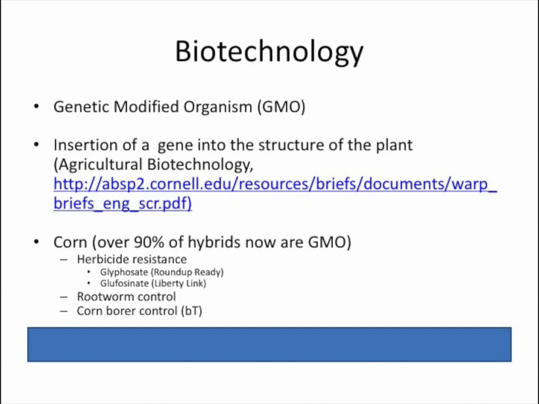We also had other traits: rootworm control, in which the plant produces a protein that's harmful to rootworms, and the same thing with corn borer. So you see the three characteristics listed there: herbicide, rootworm, corn borer.